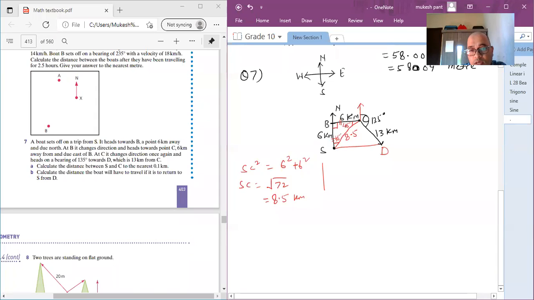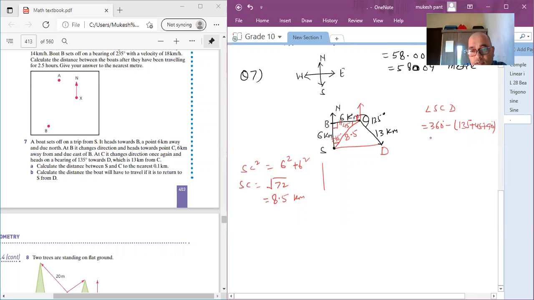Now we have to find this angle, angle SCD. You know this is 90 degrees. So how much is left? You can see 360 minus 135, plus this 45, and this will also be 90 degrees plus 90 degrees.